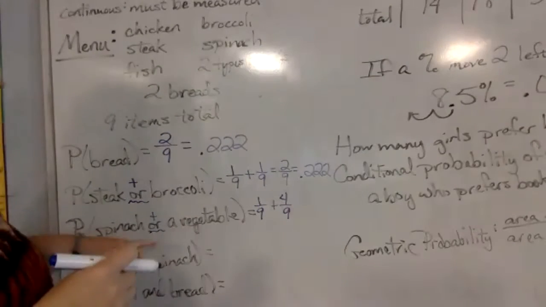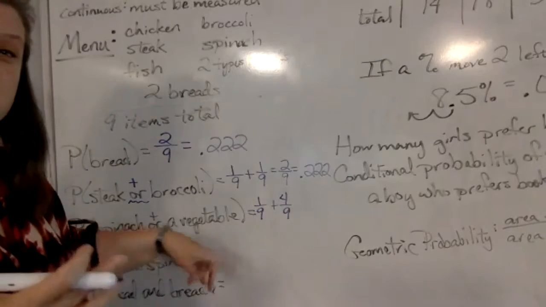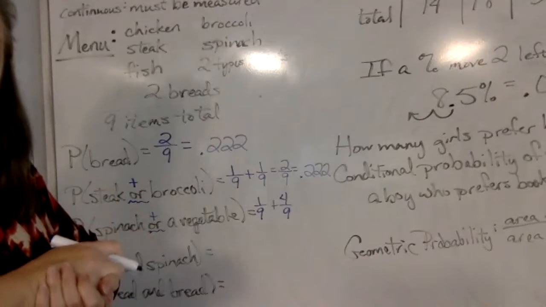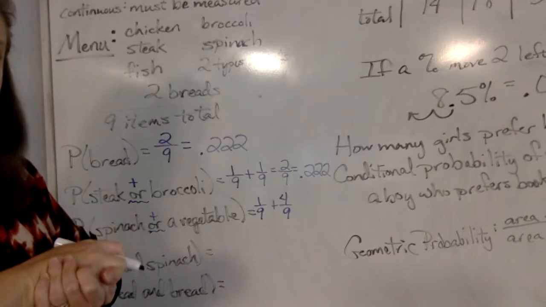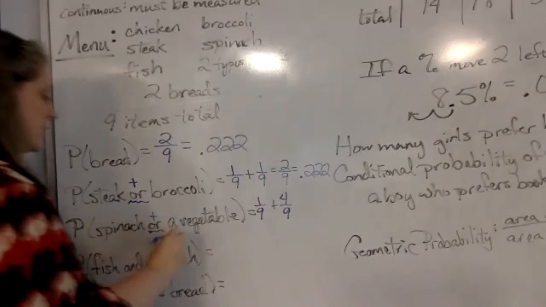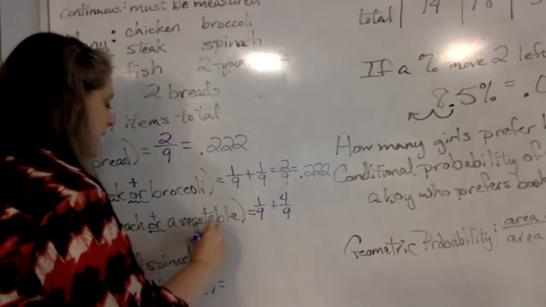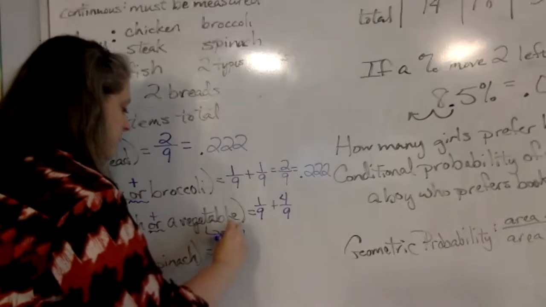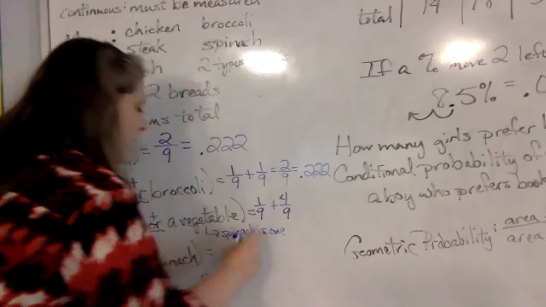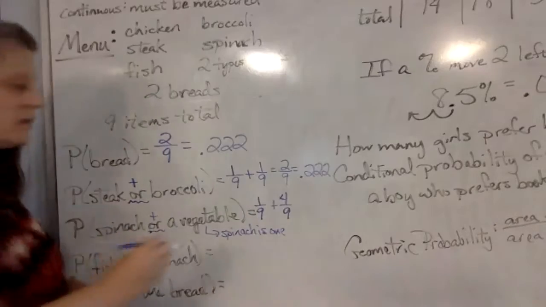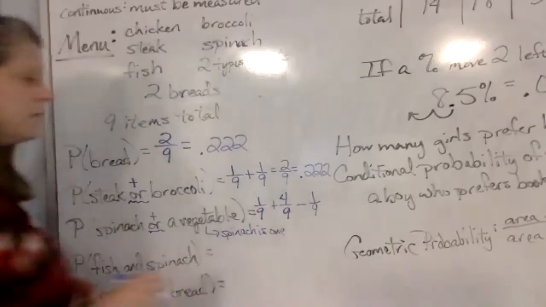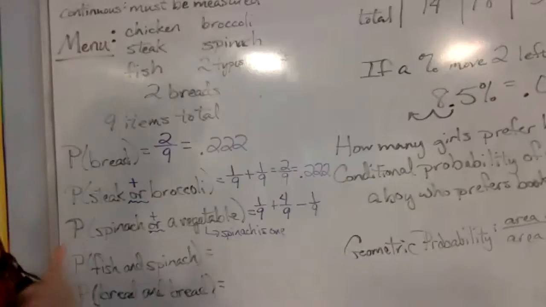And then spinach is also a vegetable, so since it's both at the same time, can I count it twice? No. Remember, this is what we called not mutually exclusive because spinach is a vegetable. Since spinach is one, it's not mutually exclusive. So I have to subtract that chance of having spinach back off there because I can't count it twice.